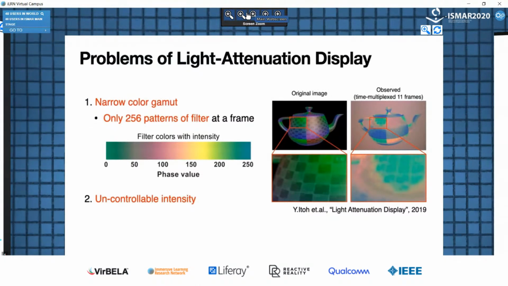Therefore, it requires time multiplexing to represent intermediate colors. Secondly, the system cannot control the intensity and the color independently. Therefore, as shown in the right figures, it fails to represent the difference between dark tiles and bright tiles. So in this work, we tackled these two problems and implemented an improved light attenuation display.